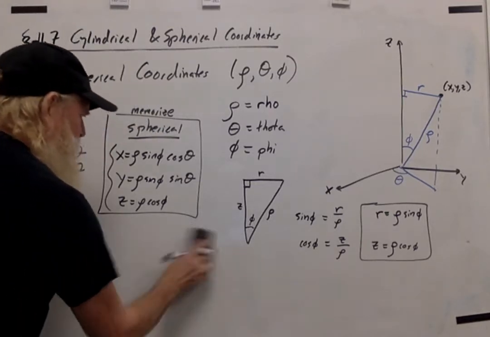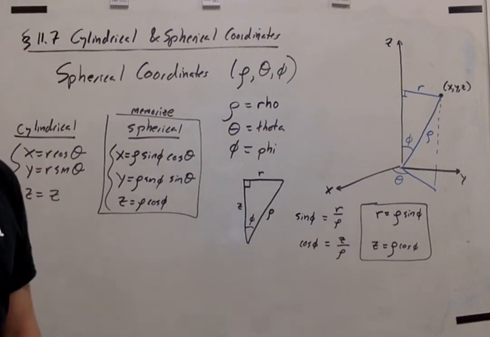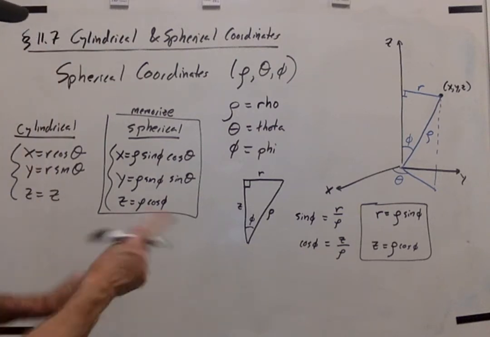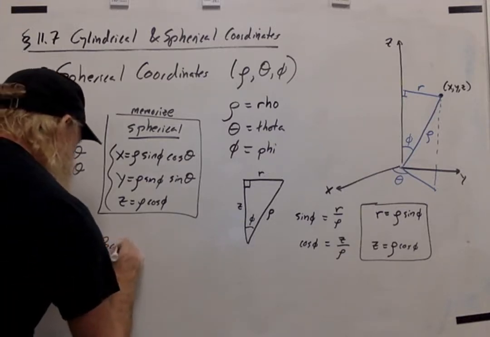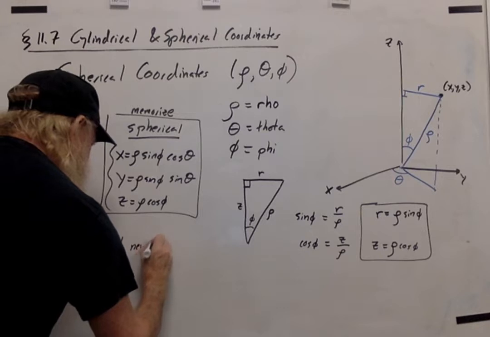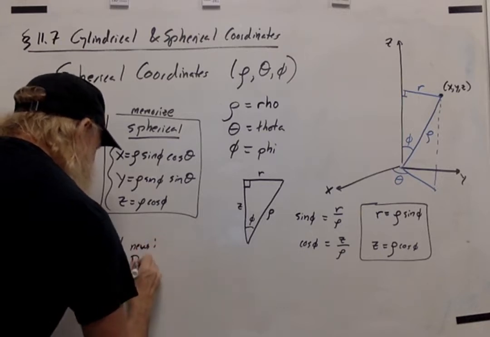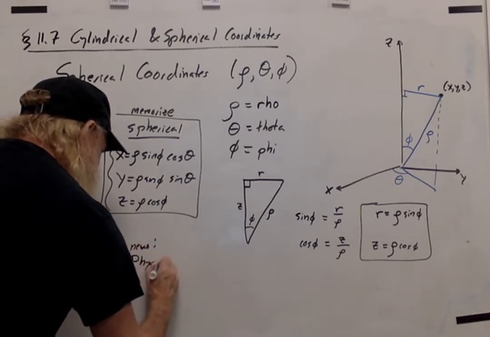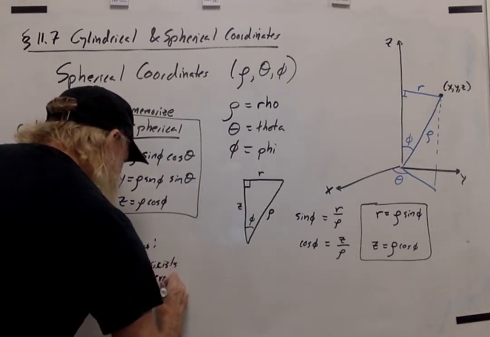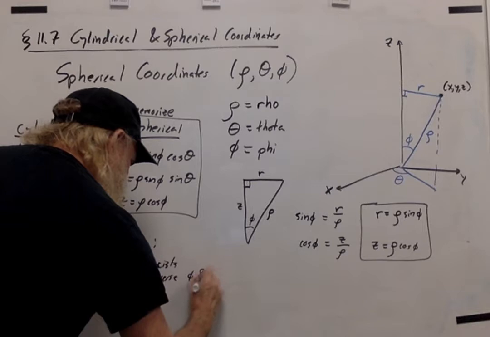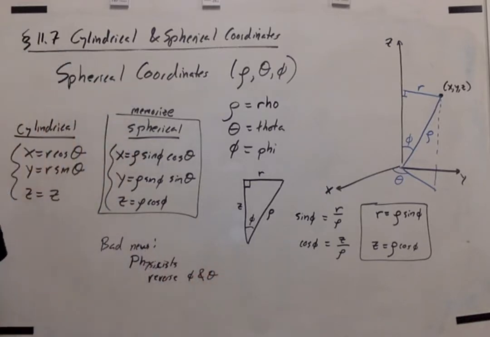Now, before we do some examples or some ways of thinking about what rho, theta, and phi are, I do have a bit of bad news. And that's that physicists reverse phi and theta.